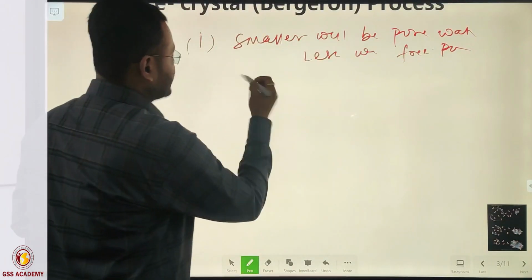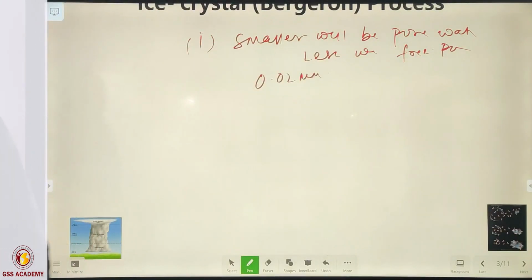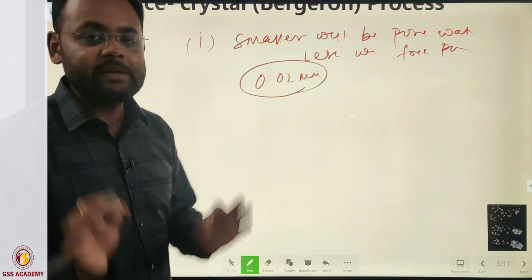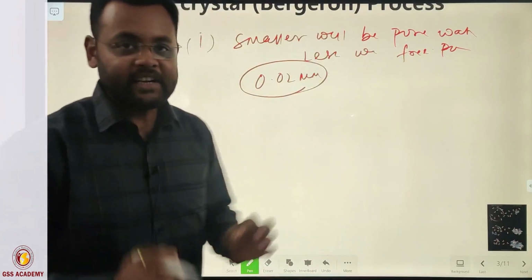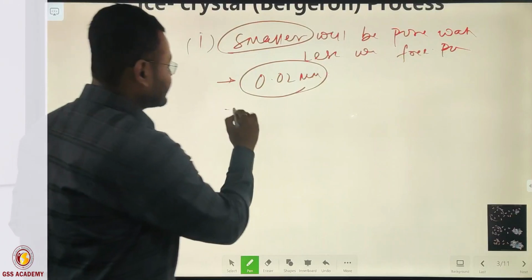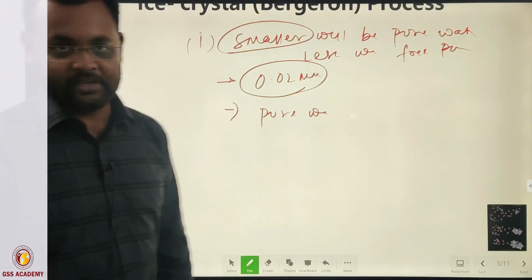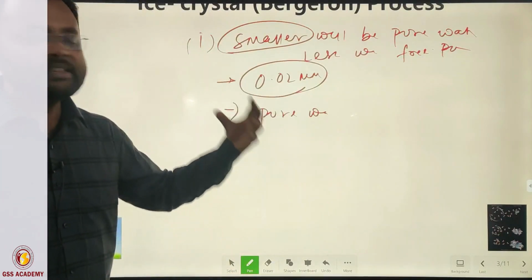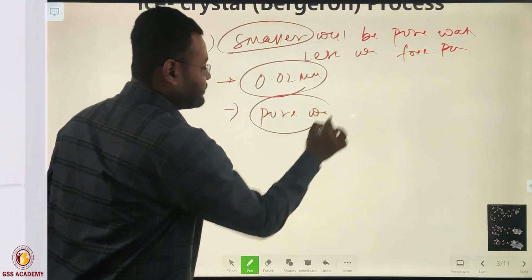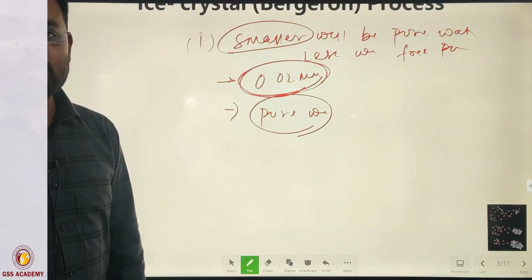We know the average diameter of the cloud droplet is 0.02 mm. That means these cloud droplets are extremely small, extremely tiny particles. Similarly, the clouds are composed of extremely pure water. They are not contaminated. That means within the cloud we have pure water in a very small quantity.